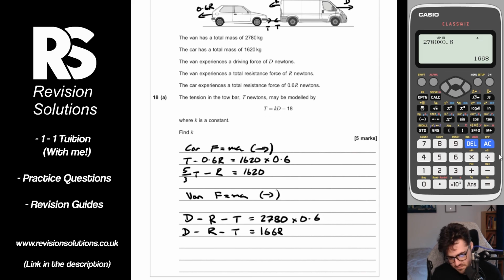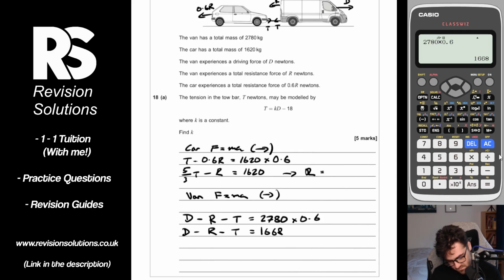And then we want to make comparisons to this now. So that's an equation for T involving D, and there's no R. So let's try and eliminate R from these equations we have here. So if I rearrange the top one for R, we'd have R equals 1620 minus 5/3 T. Sorry, that's rubbish. Other way around.